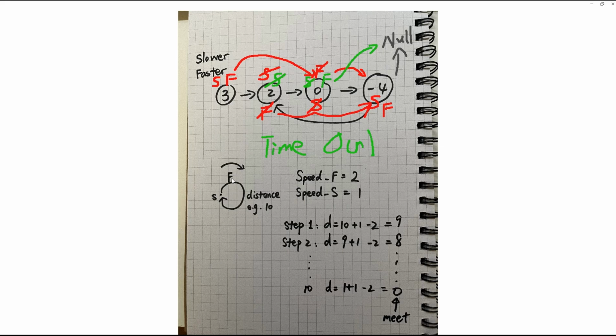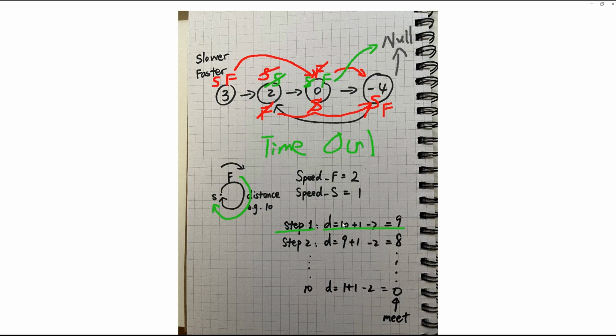Because the faster pointer moves faster than the slower pointer, the faster pointer will catch up to the slower pointer. Say the distance between them initially is 10. After the first step, the distance between them will be 9, because the slower pointer moved 1 step and the faster pointer moved 2 steps.